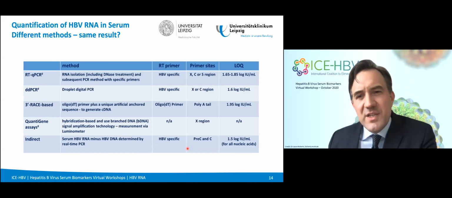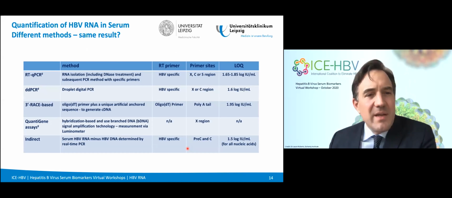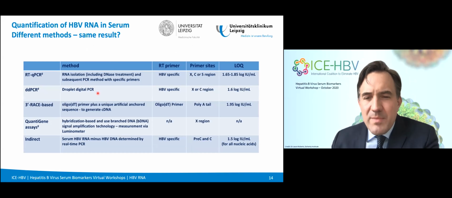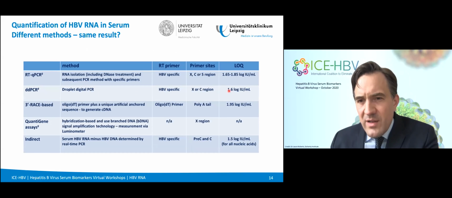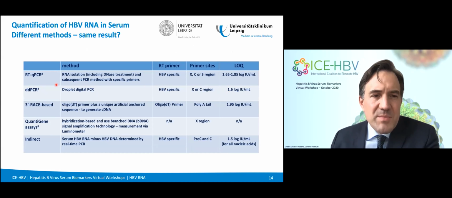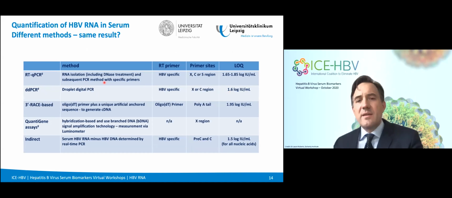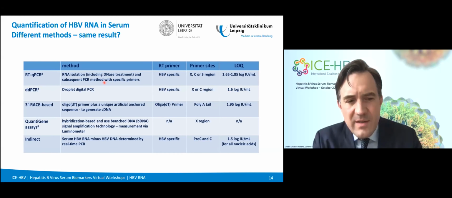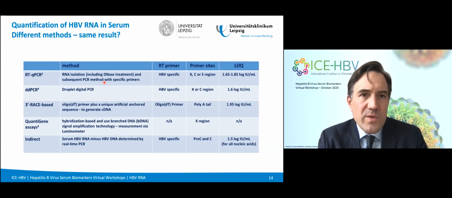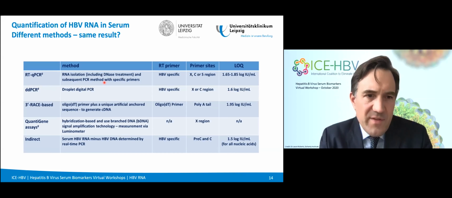So there is a variety of methodologies that have been presented in the meantime. There is a real-time PCR, there is a digital droplet PCR that has the advantage of a lower limit of quantification, but it has to be said that for real-time PCR the limit of quantification is variable, of course. It can be adapted to the need of the study.